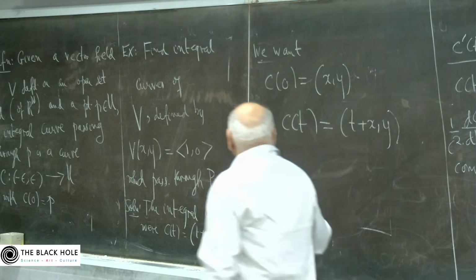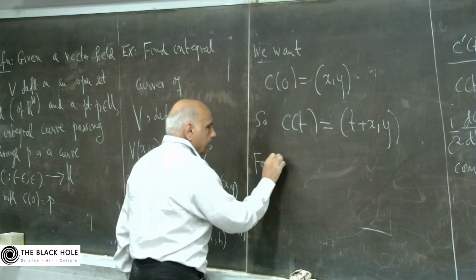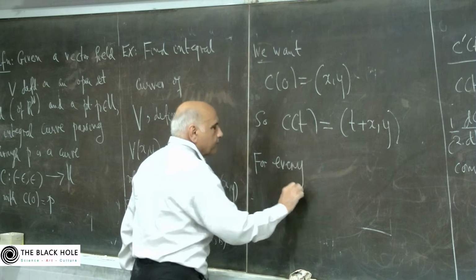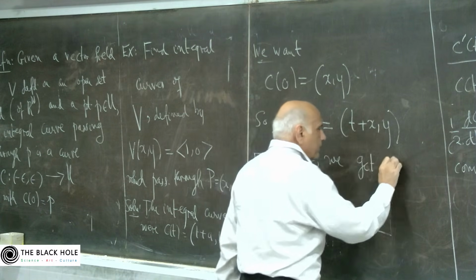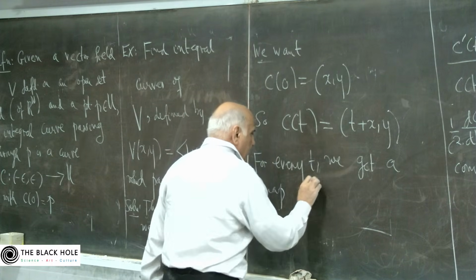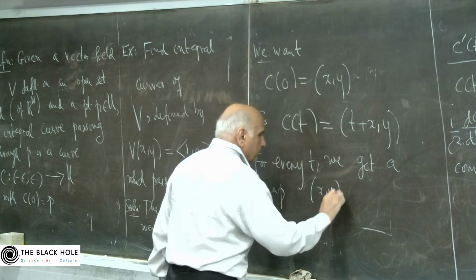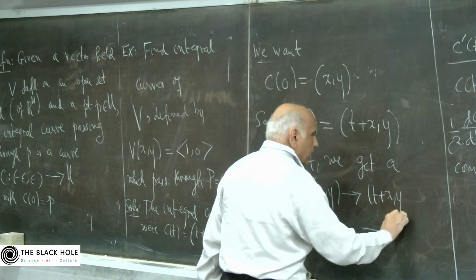So for every t we get a map which maps x y to t plus x, y.